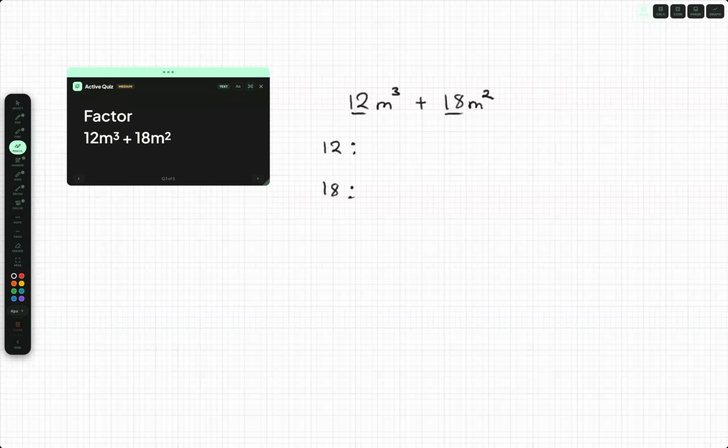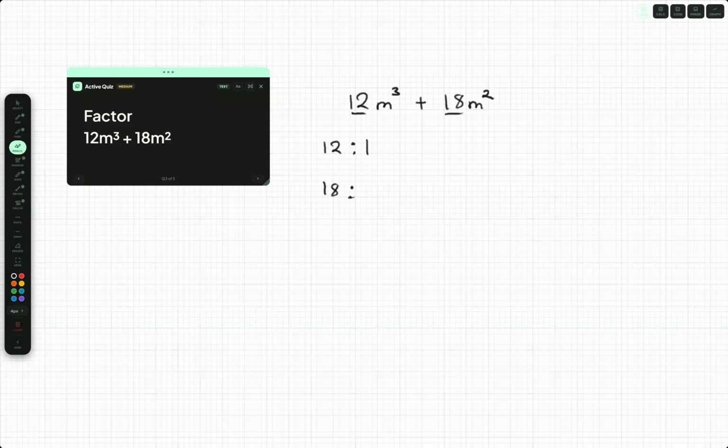That's a numerical, but we can also look at our algebraic side as well. So with our pronumerals, we can see that we have m to the power of 3 and m to the power of 2. So m to the power of 2 times m will get m to the power of 3. So we know that they have a common multiple of m to the power of 2 as well.